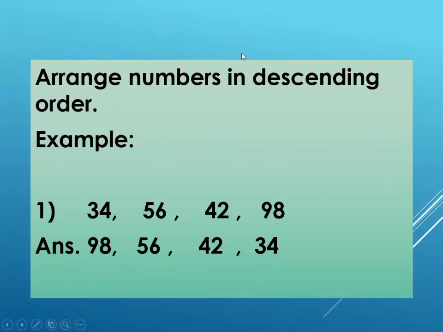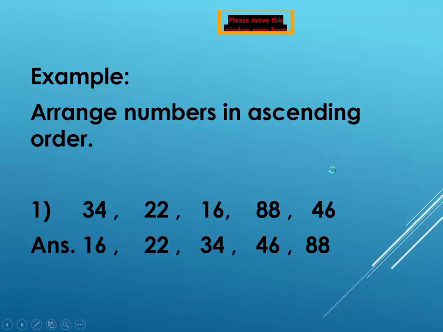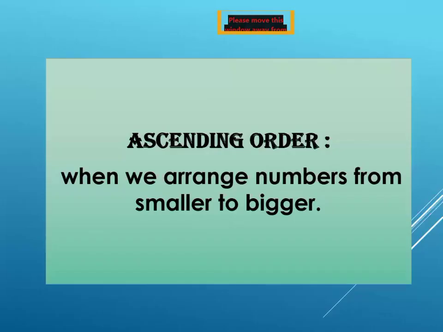So I hope you have learned about descending order and ascending order. In ascending order, we arrange numbers from smaller to largest, and in descending order, we arrange numbers from largest to smallest. I'm telling you again, what is the meaning of ascending?